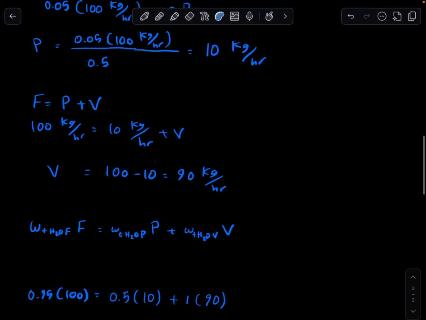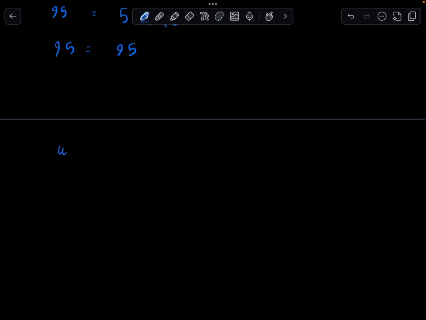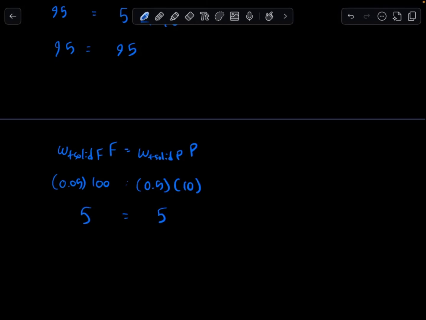And for solids, it's the same thing. 5 kilograms per hour of solids coming in, 5 kilograms per hour of solids coming out. We have solved the problem correctly.